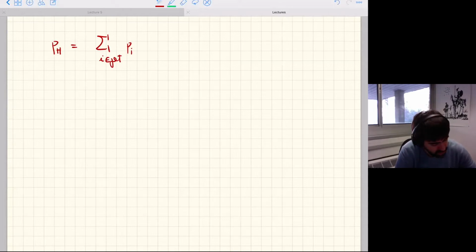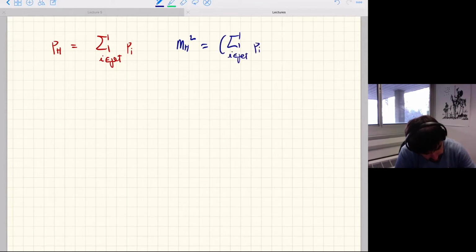This immediately implies that the mass of the Higgs should equal the square of the sum over i in the jet of the four-momenta. And what is this? This is the jet invariant mass.